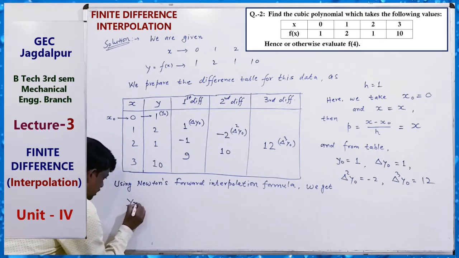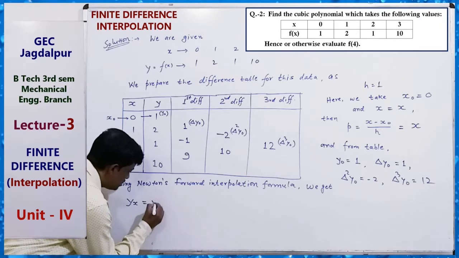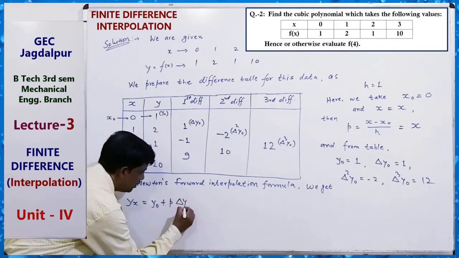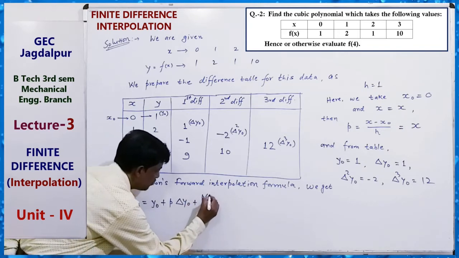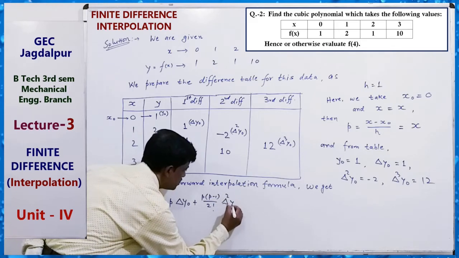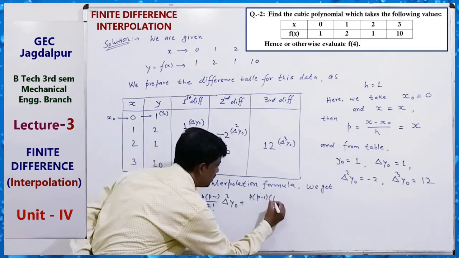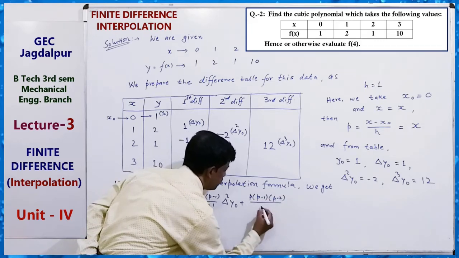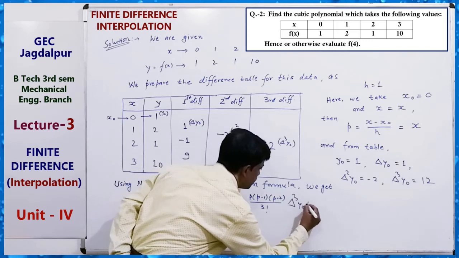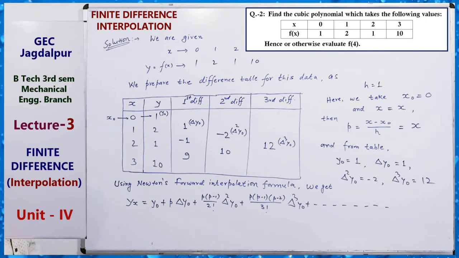y(x) equals y0 plus p del y0 plus p into p minus 1 upon 2 factorial del square y0 plus p into p minus 1 into p minus 2 upon 3 factorial del cube y0 and so on. This is the forward interpolation formula. Clear?